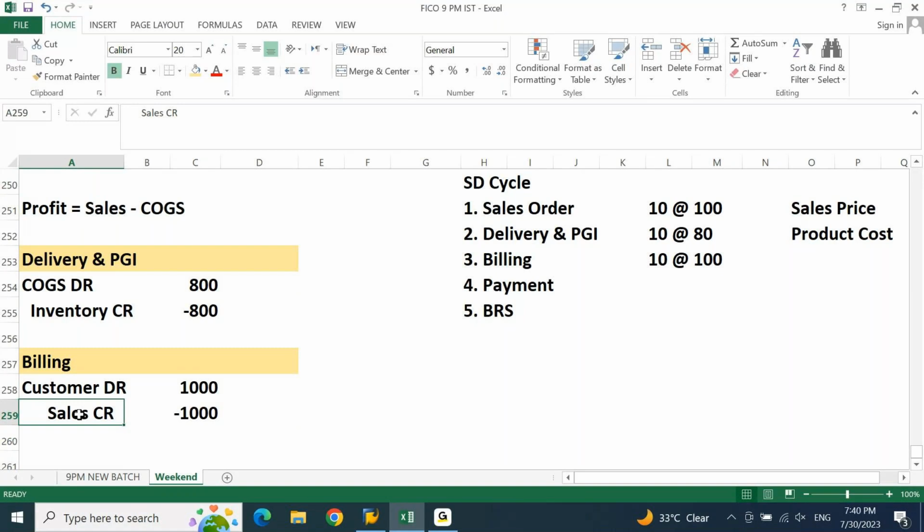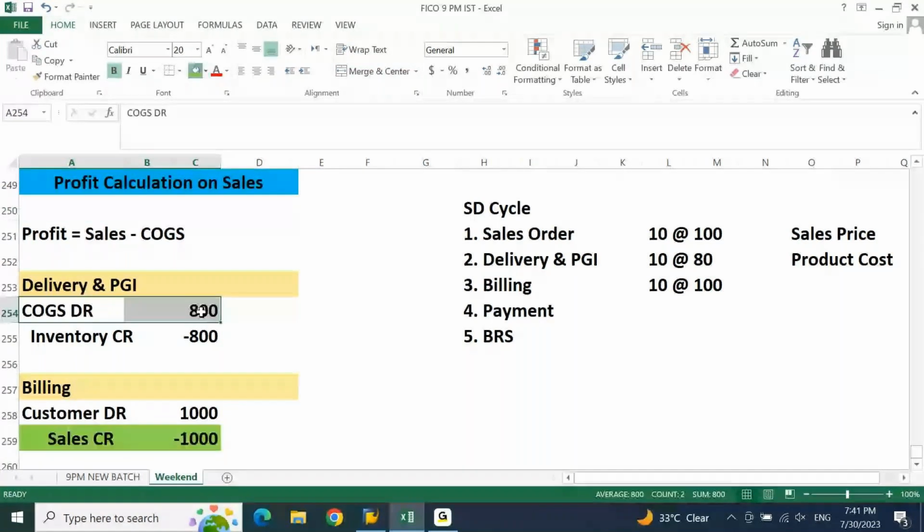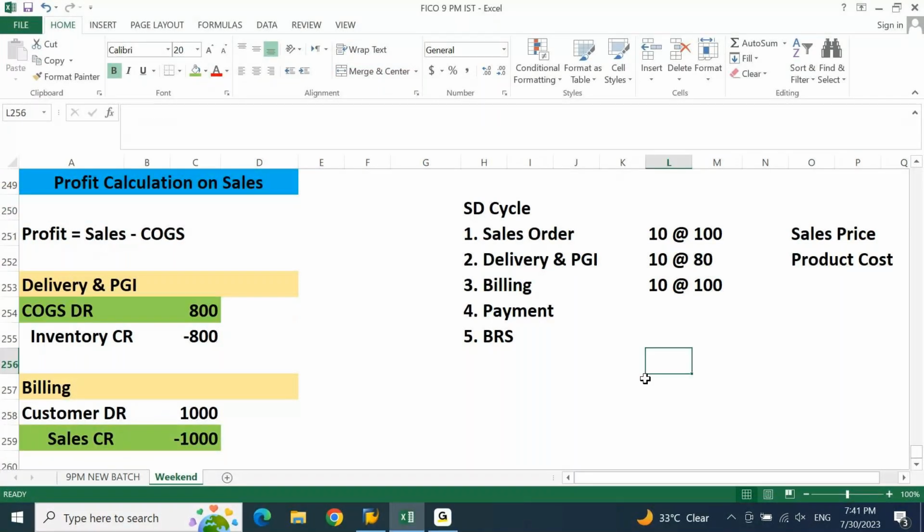Now here we assumed that your profit is calculated based on sales minus cost of goods sold. Here is your sales figure. Here is your cost of goods sold. Now, if I look at my financials, if I go to my P&L, on one side I have expenses, on the other side I will have my income or revenue.